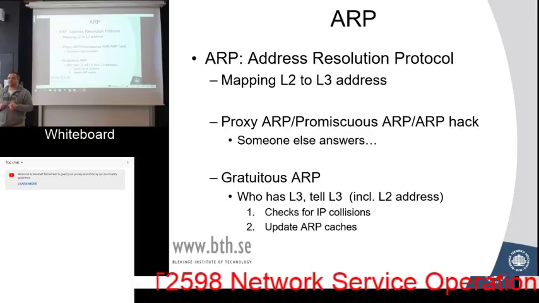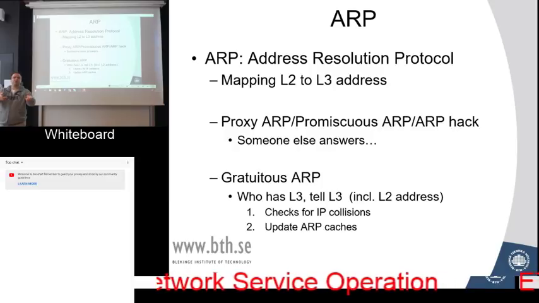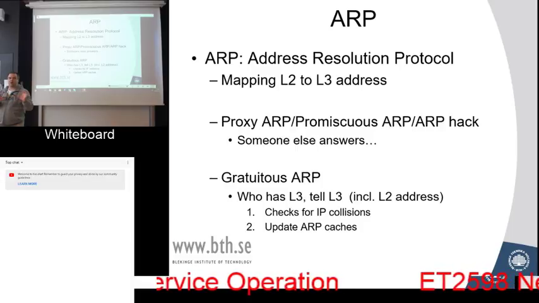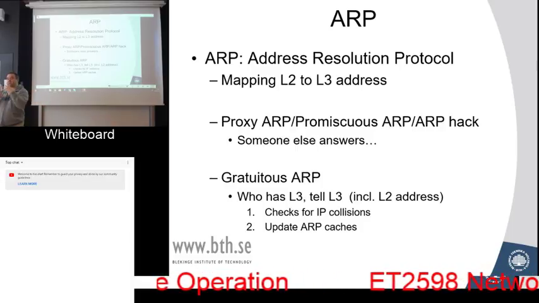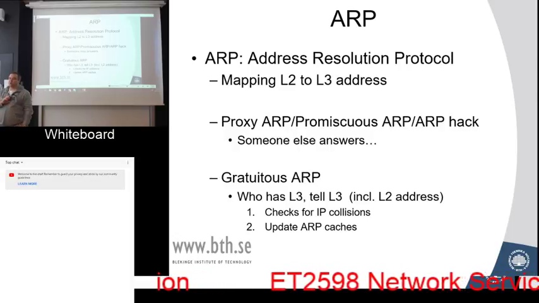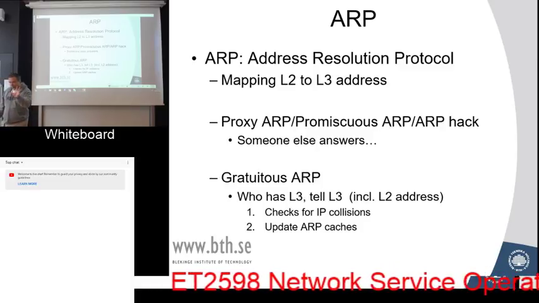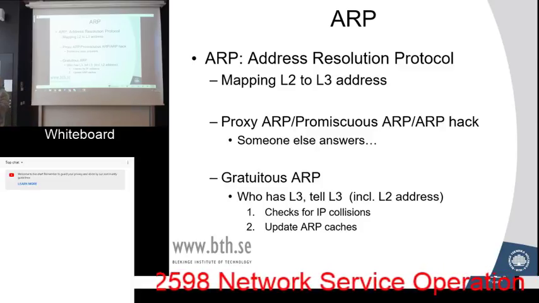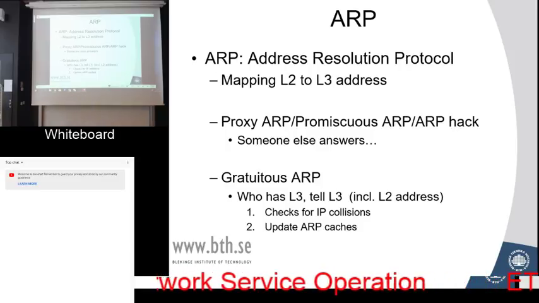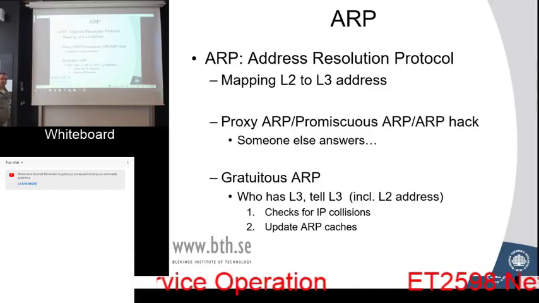So if Khan replies first, bam, I will probably send my message straight away. But slightly after, I get your reply, and now I replace the valid entry with your MAC number. And suddenly, when I'm talking to Khan, I'm sending it to you. But it has its benefit, it has its uses.